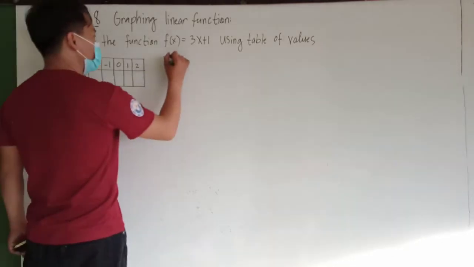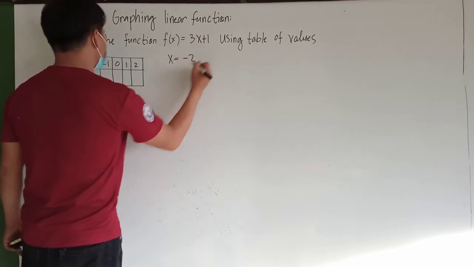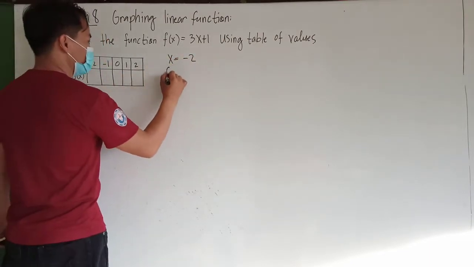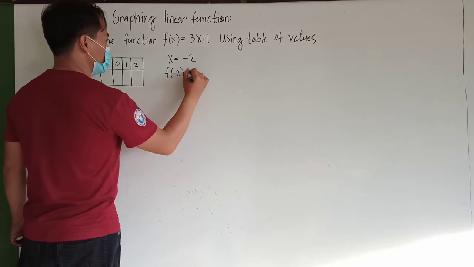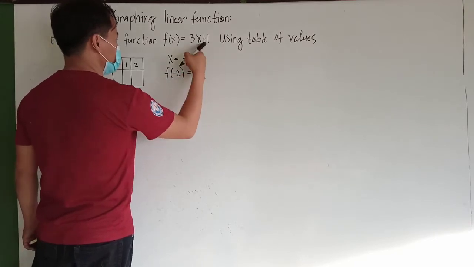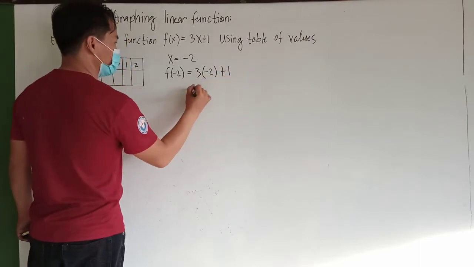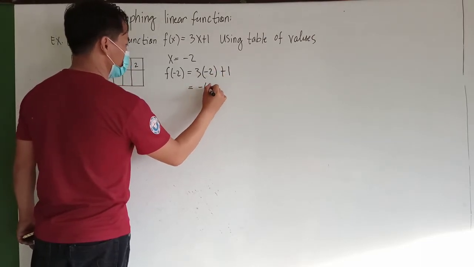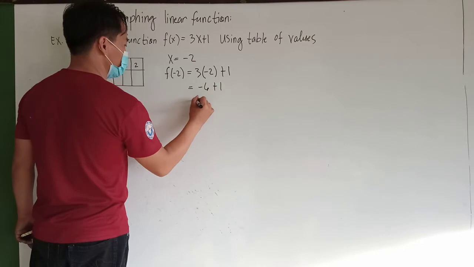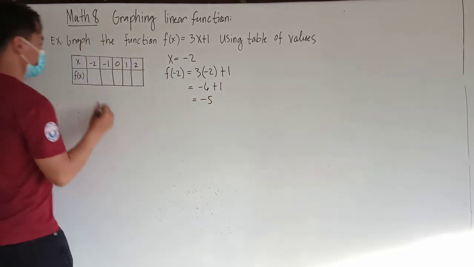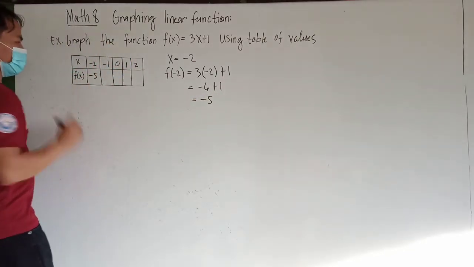First, we have x = -2. Therefore, f(-2) = 3 times -2, plus 1. Next, 3 times -2 is -6, plus 1, and that is equal to -5. See here, we have -5.